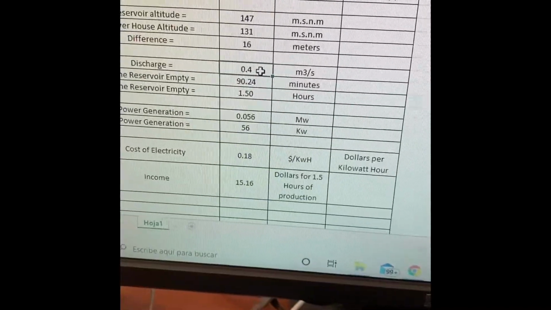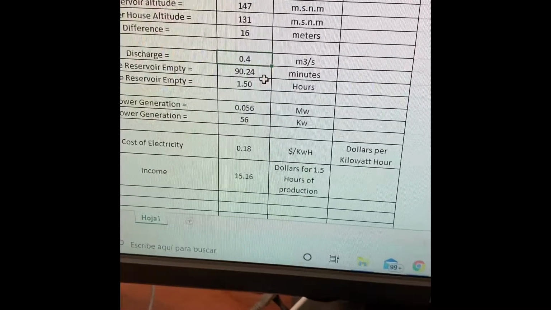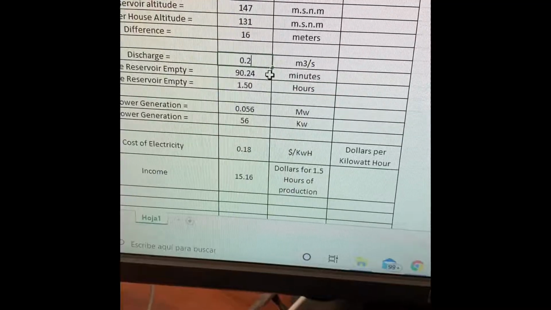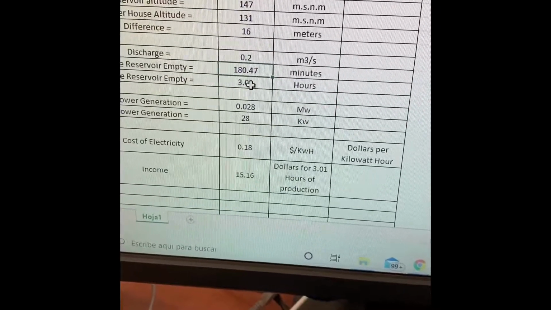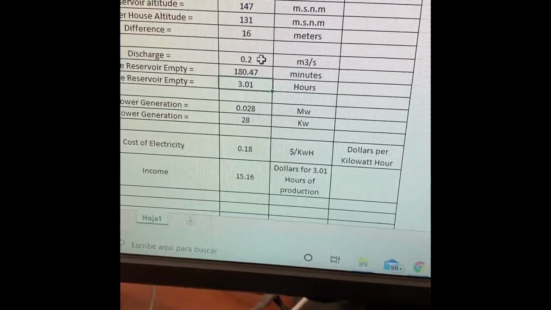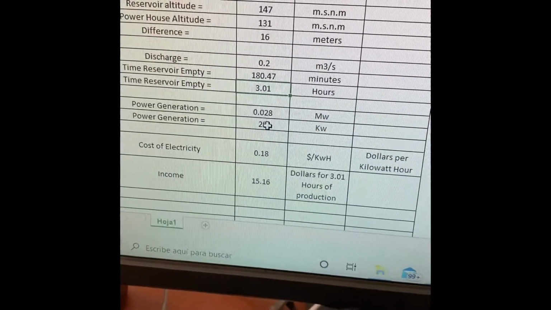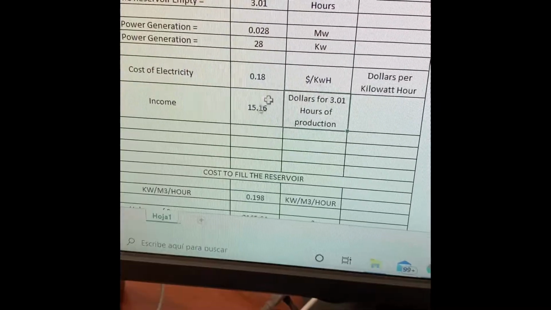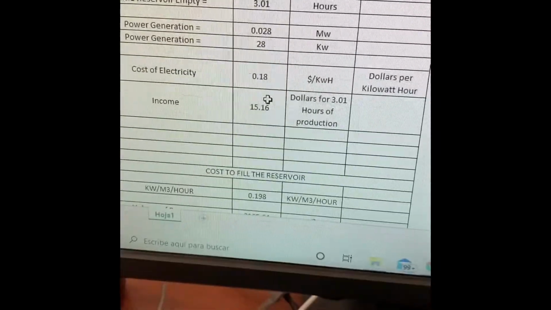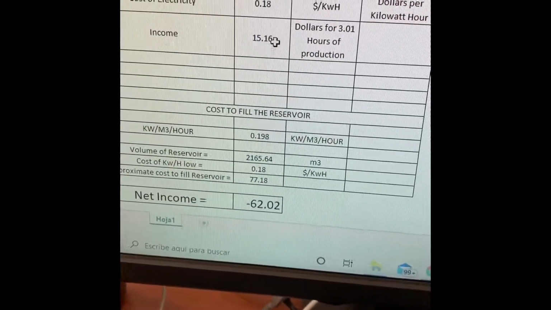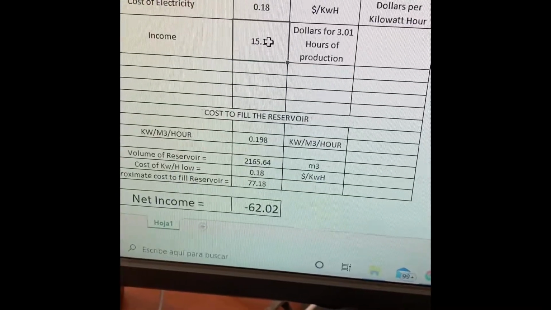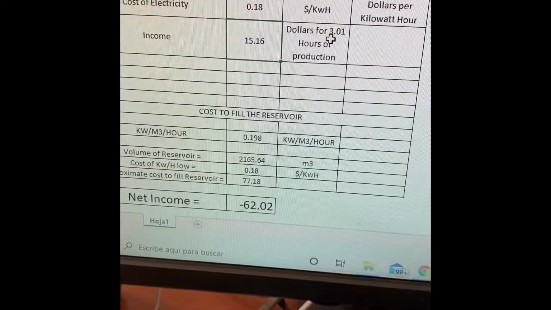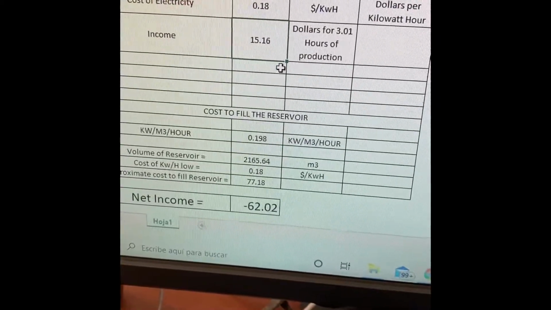If we put half of it, of course we will have three hours. But the power that we generate in total will be the same. Now this is just how we are going to measure our project. So right now we're going to produce $15 for 3.01 hours of production.